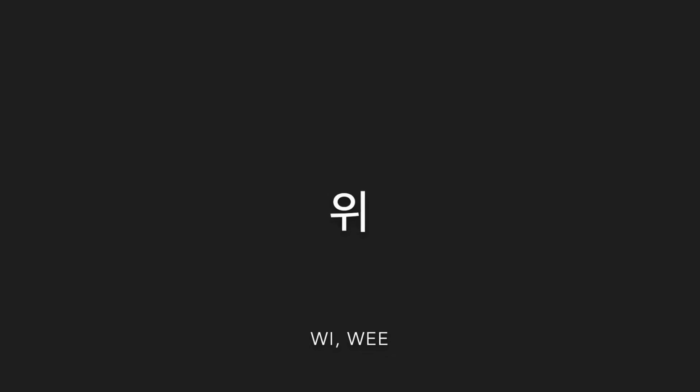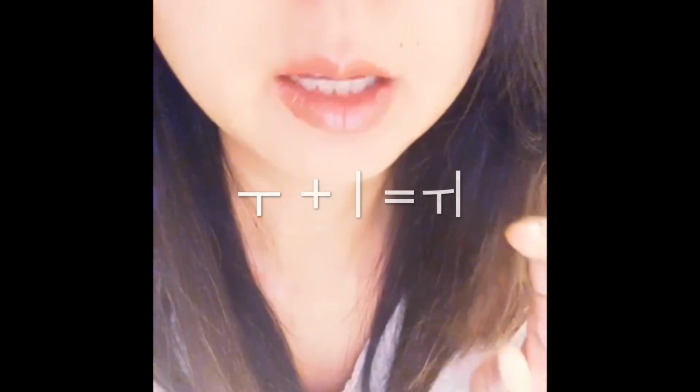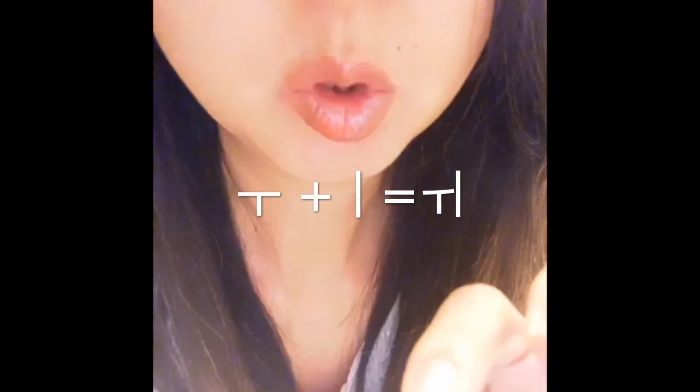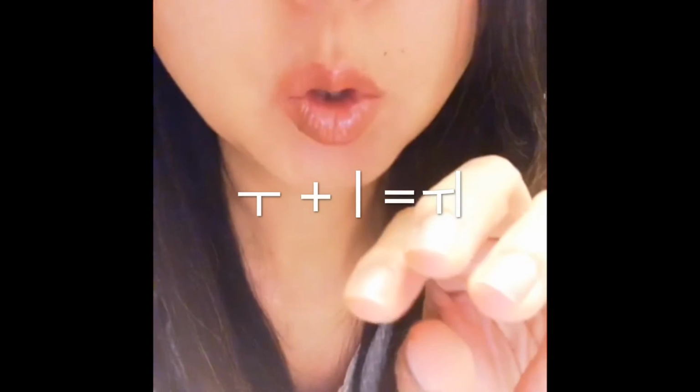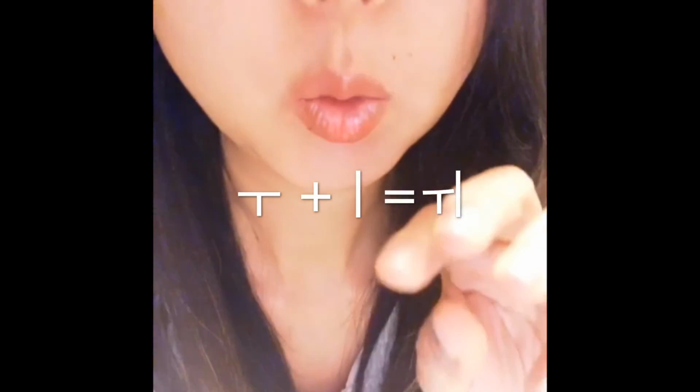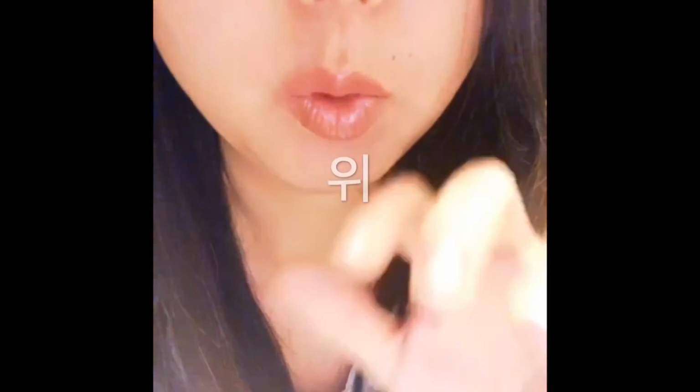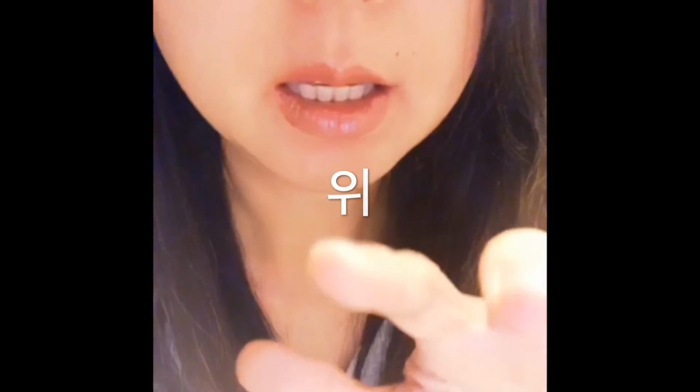We. Okay, we is a sound between U and E. So you start with U, end with E. We. 위.